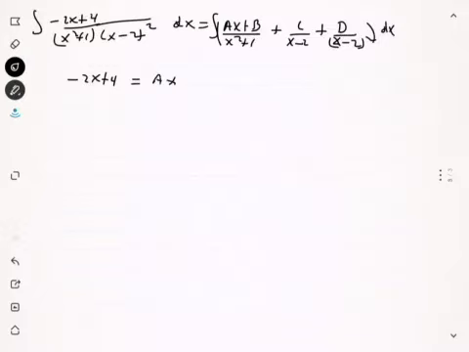minus 2x plus 4 on this side, and on the other side we get ax plus b times x minus 1 squared plus c times x minus 1 times x squared plus 1, and then plus d times x squared plus 1.